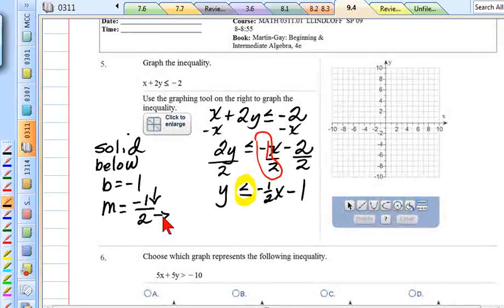All right, I'm going to begin at negative 1 on the y-axis and put a point. From there, I will move down 1, right 2, and put another point.